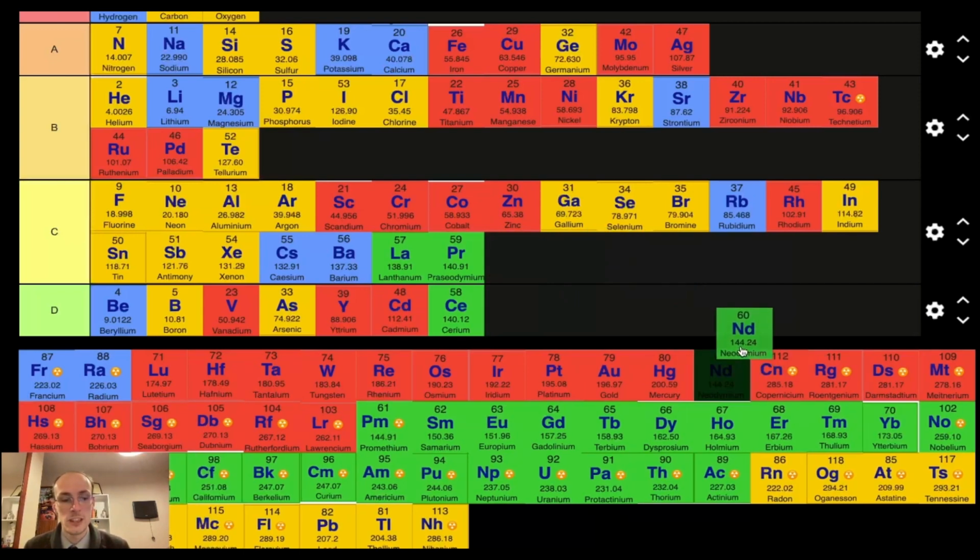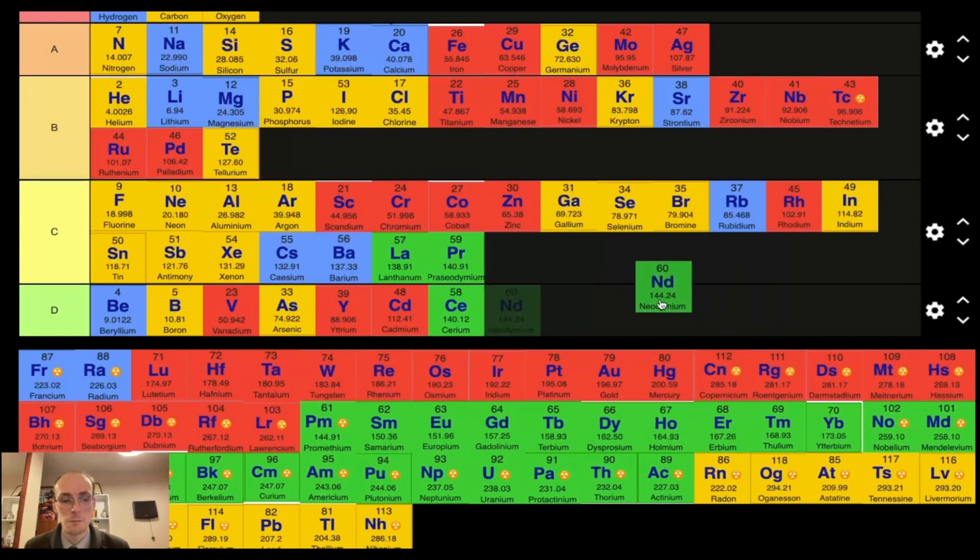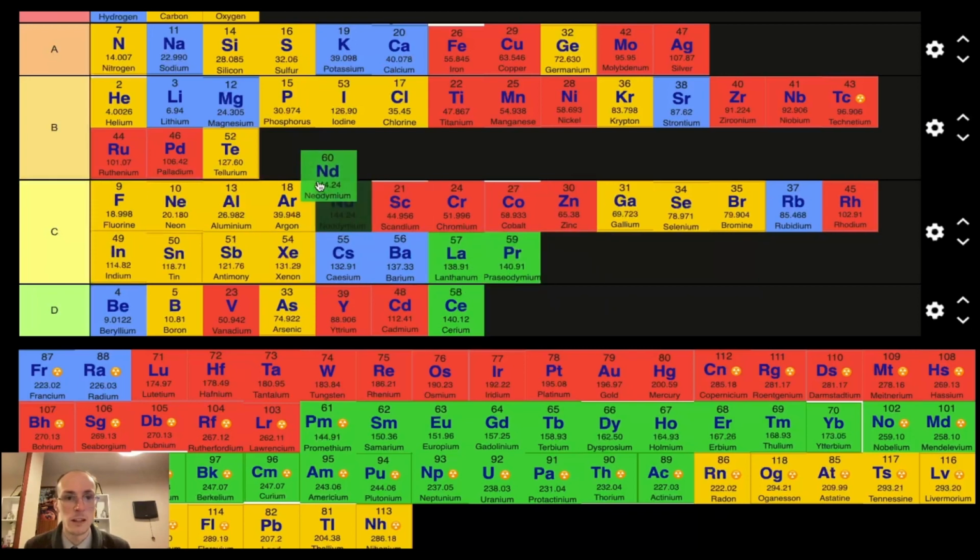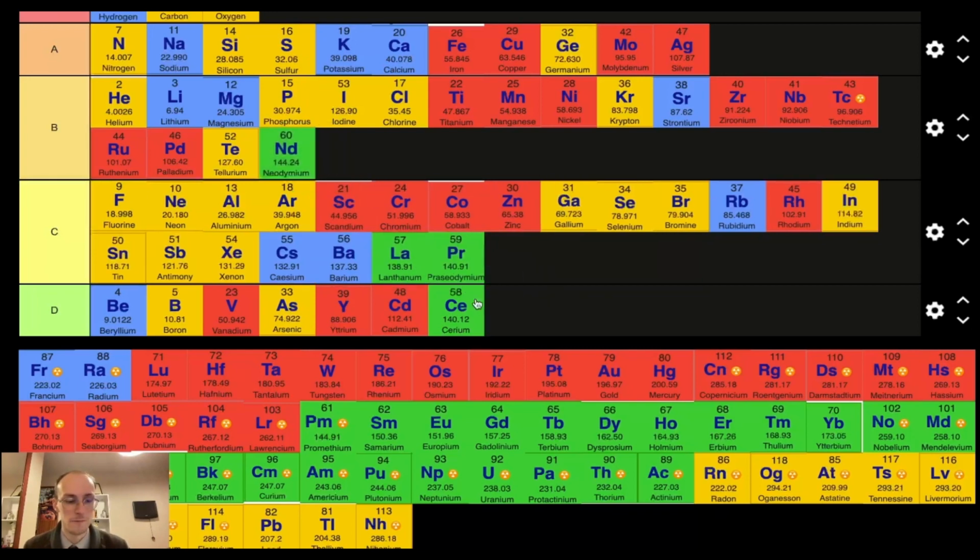Neodymium is used in the magnets that make microphones and headphones and computer hard drives. If you scale up those magnets, neodymium is also used for electric motors in hybrid cars, which makes it, I guess, mildly more interesting than these ones. So I'm going to put it in the B section.